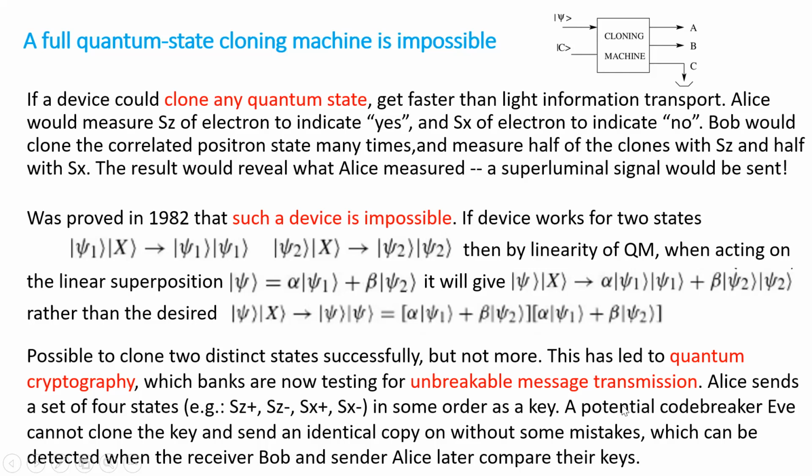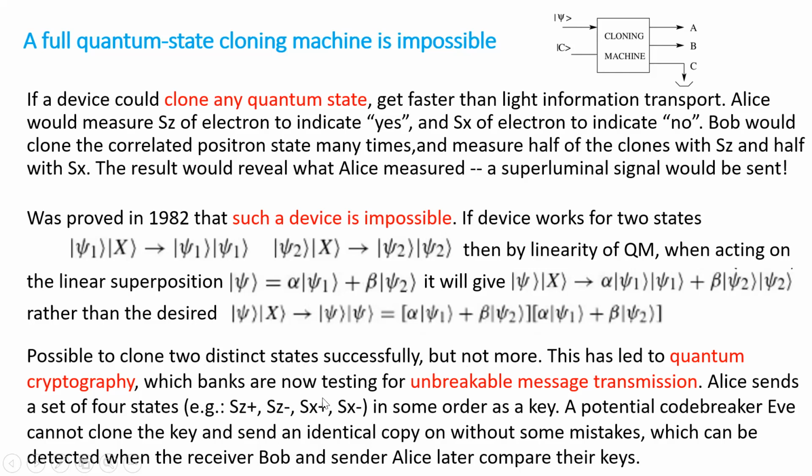Then a code breaker named Eve, short for eavesdropper, can't clone this key and send an identical copy on without making some mistakes. Because to do that, Eve would need a device which could clone 4 different states successfully. But we've seen that we can only clone 2 distinct states successfully.